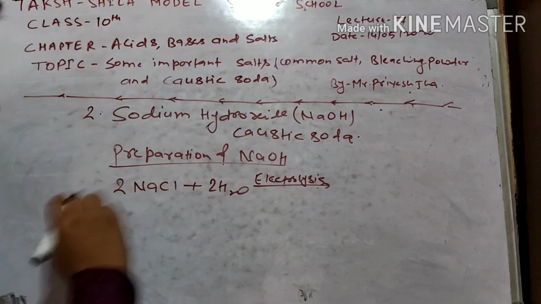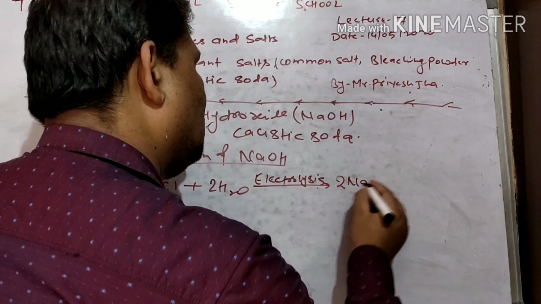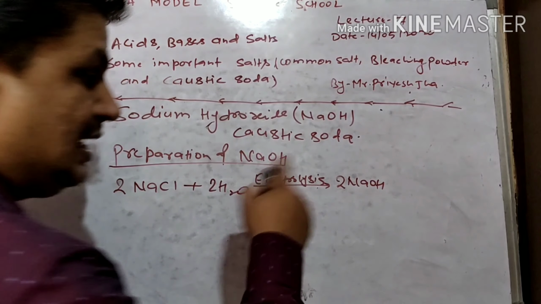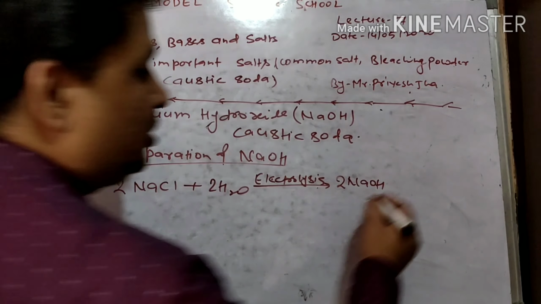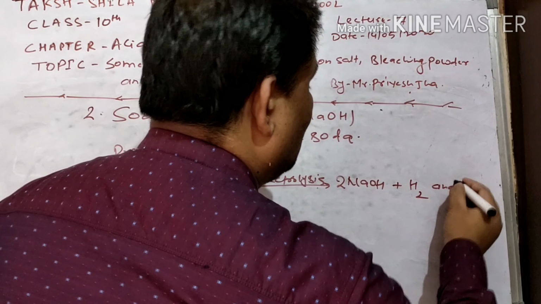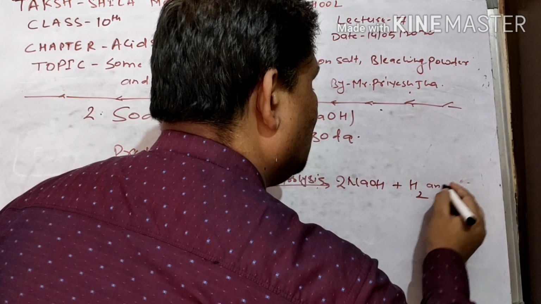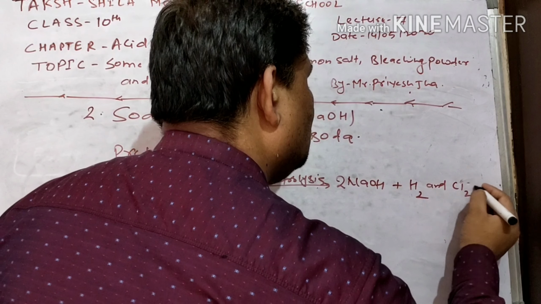Electrolysis means by passing electricity they will produce sodium hydroxide, and in this process the byproducts also form, that is H2 and Cl2 gas.